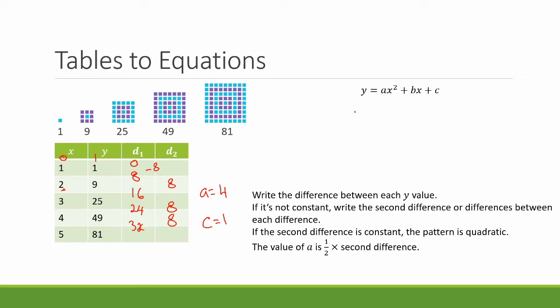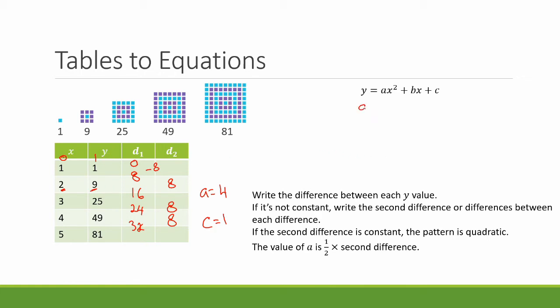So now that we know a and c, it's a matter of finding what our b value is. And to do that, we're going to substitute for x and y and solve for b. So I'm going to take these values 2 and 9 here, and substitute them for my x and y values.